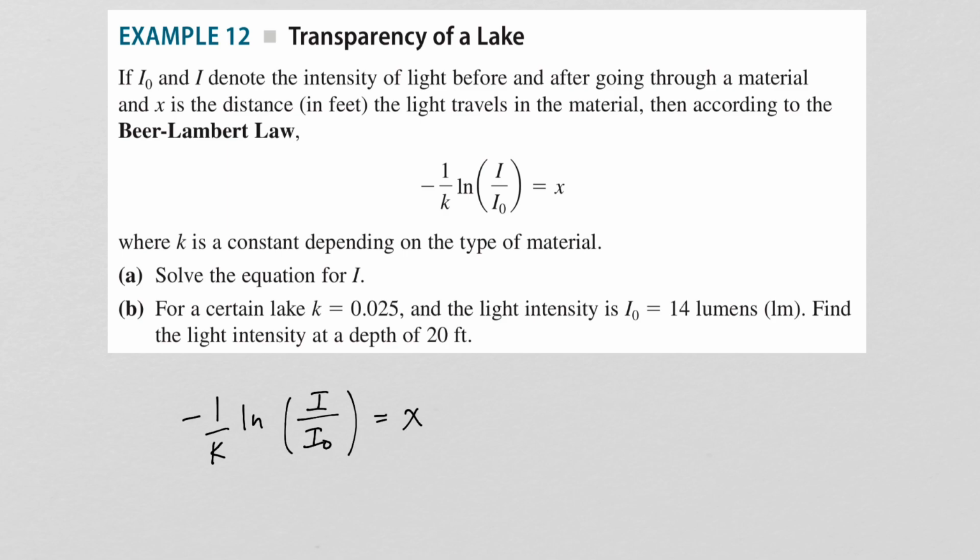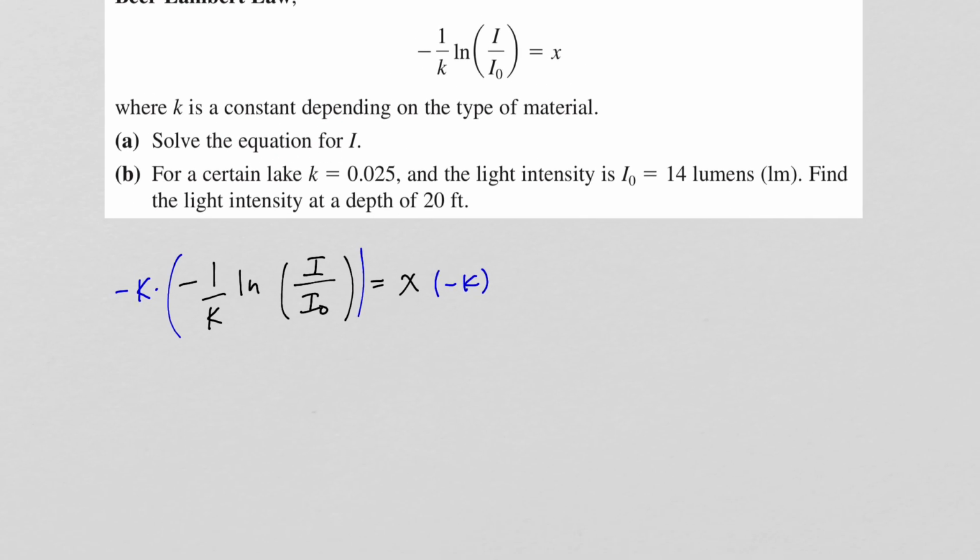So to solve for I, notice that the I is inside of this logarithm here. So first thing I'm going to do is get rid of this -k, and I can do that by multiplying both sides of the equation by -k. Now after doing that, we're going to have the natural log of I over I naught is equal to -k times x. Next thing I'm going to do is just remember that this is base e here, and we can rewrite this without using a logarithm.